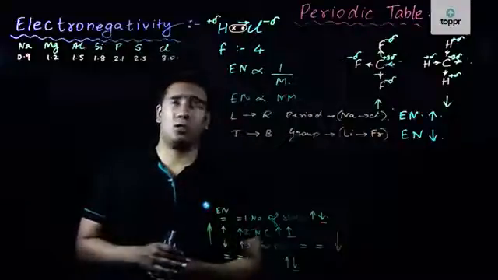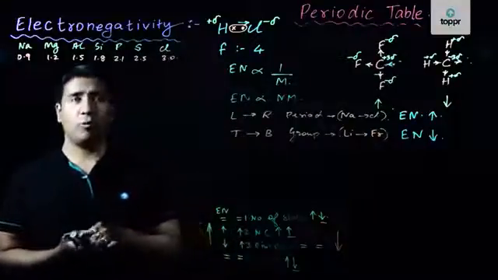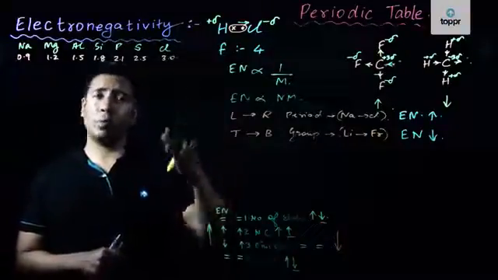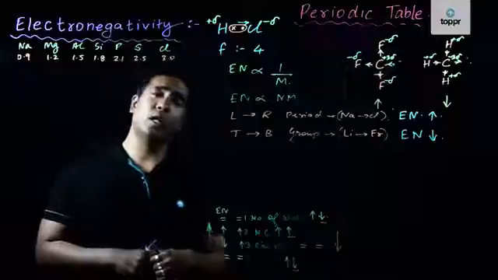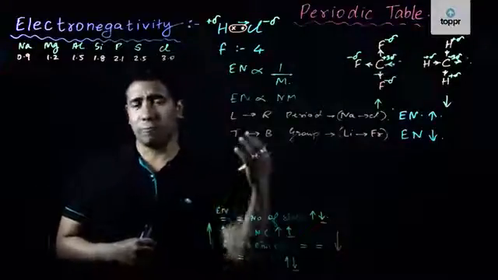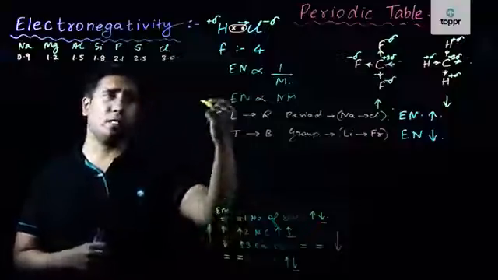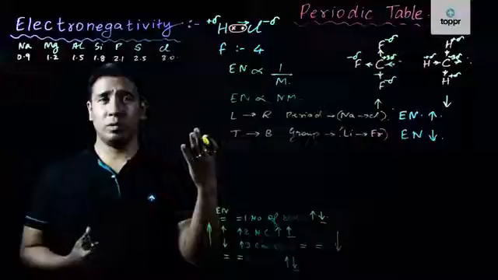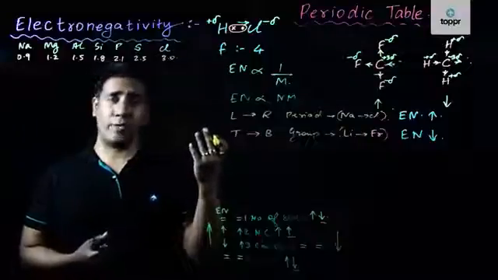Let us now look at a situation wherein we move from top to bottom in the periodic table. Let us consider the electronegativity values and see if they confirm our theory. So here let us consider the halogen group. That will be better, right? Group 17 elements.